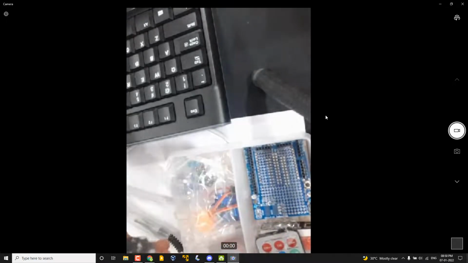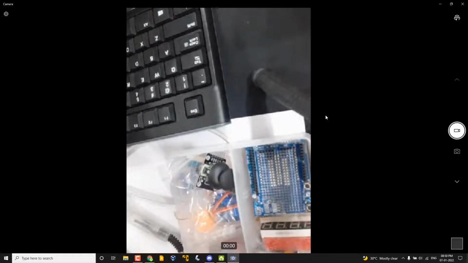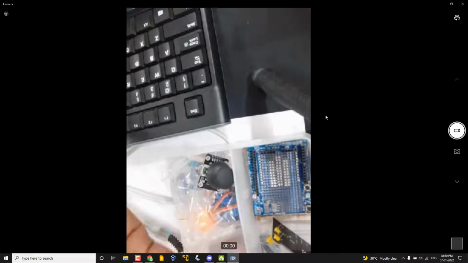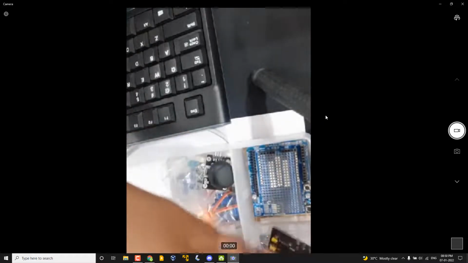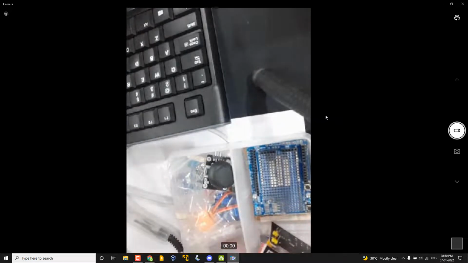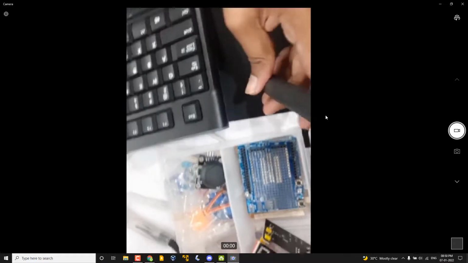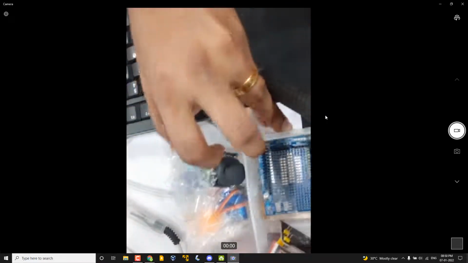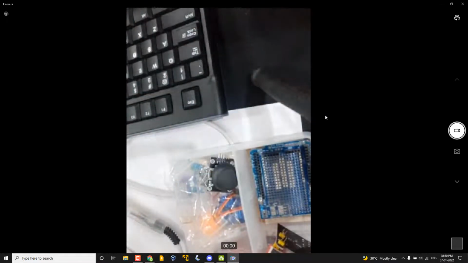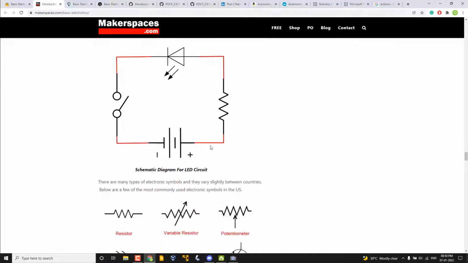You can see a joystick, then displays, and there are a lot of other things. I just want to show you that. If you are planning to prototype, I can send you the link of this kit. Then I will be coming to the next points.